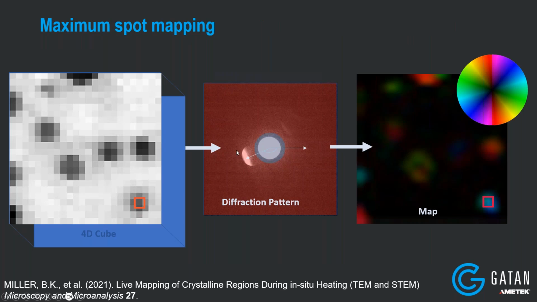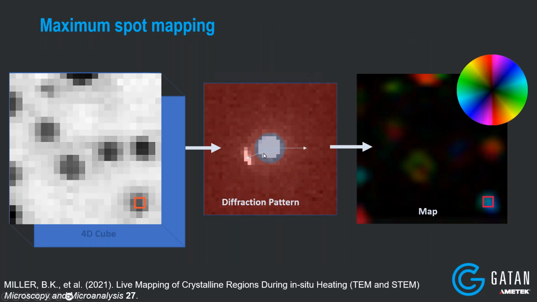And to do this, I'm going to exclude some center region, right? I don't want the algorithm to find the center spot. I want it to find the maximum spot outside the center. So excluding some center region, I find the angle, and the angle then corresponds to some hue of this color. And the intensity of this brightest spot corresponds to the brightness of the color in this final map.